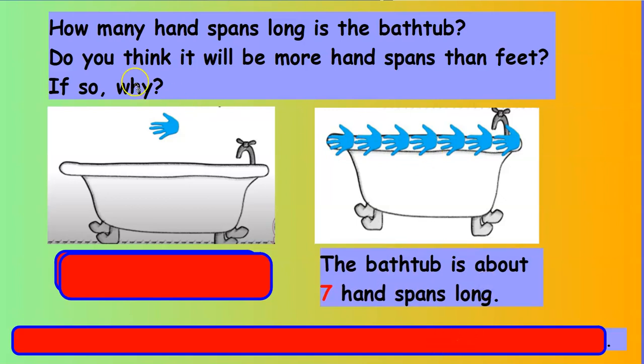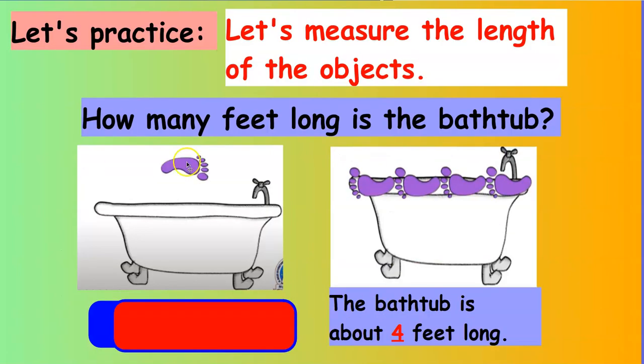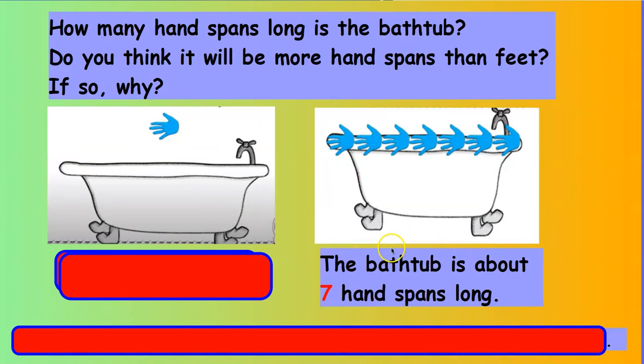Now, do you think it will be more handspans than the feet? Here is 7, and remember, when we first used the feet, it was only 4 feet long, and now it becomes 7 handspans long. Okay, you are right.